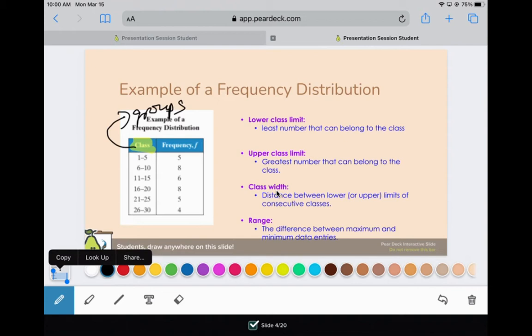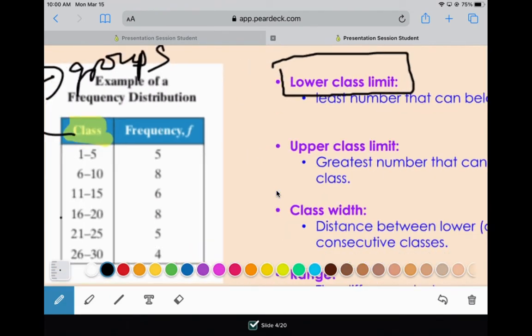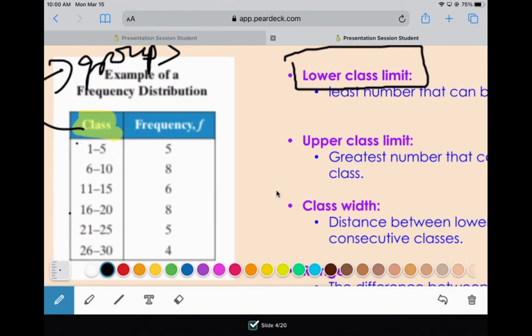So a couple of things that I want you to think about right now. These are the definitions that you need to look at. The first one is the lower class limit. The lower class limit is the number, the first value of that class.